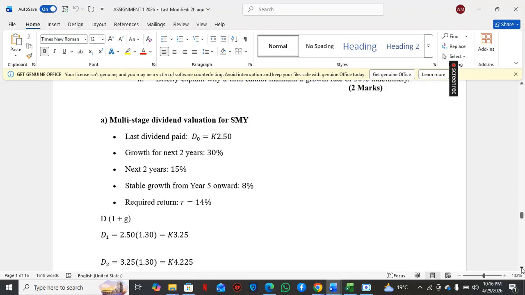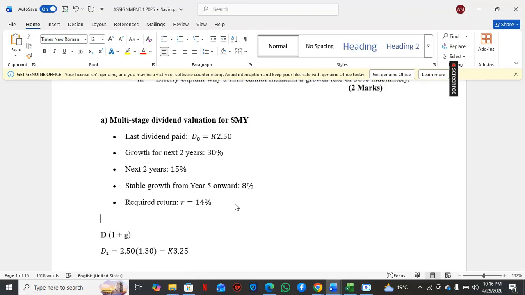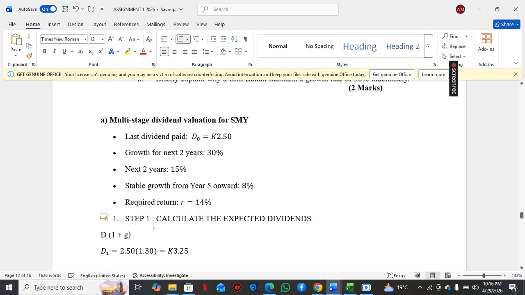The first step is to calculate the expected dividends. How you find the expected dividend is using this formula here.